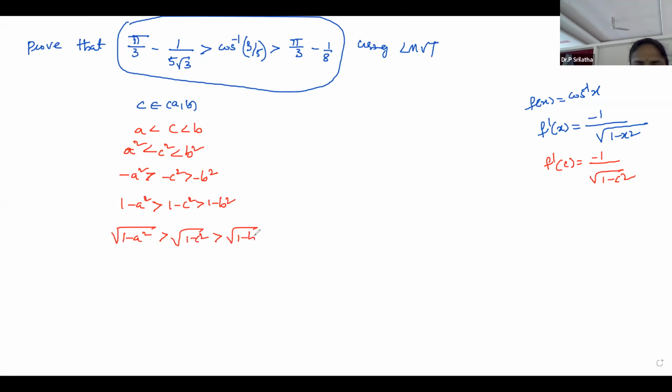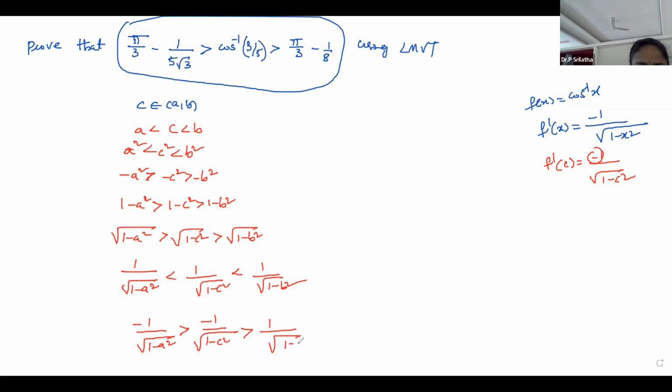Then take reciprocal on both sides, and 1 by under root of 1 minus A square is less than 1 by under root of 1 minus C square is less than 1 by under root of 1 minus B square. But we have to take a negative symbol on both sides. That is minus 1 by under root of 1 minus A square is greater than minus 1 by under root of 1 minus C square is greater than minus 1 by under root of 1 minus B square.